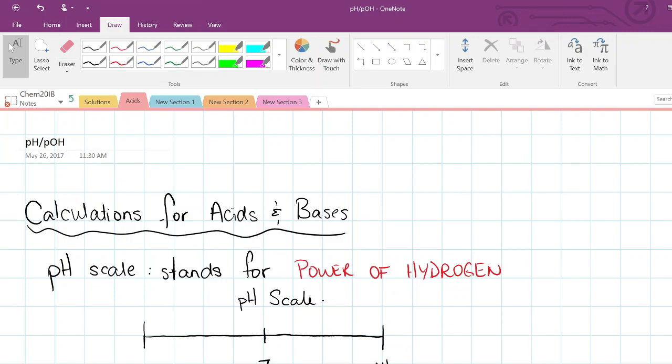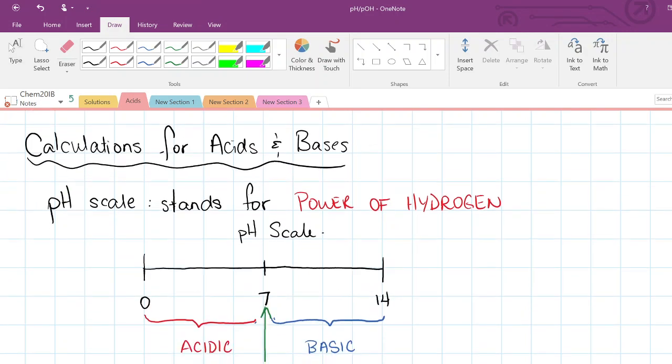So don't let that confuse you. We still show reactions in terms of hydronium and such. But for pH, we simplify things and we just use our regular old Arrhenius, not necessarily our modified Arrhenius. Okay, it just simplifies life for us.